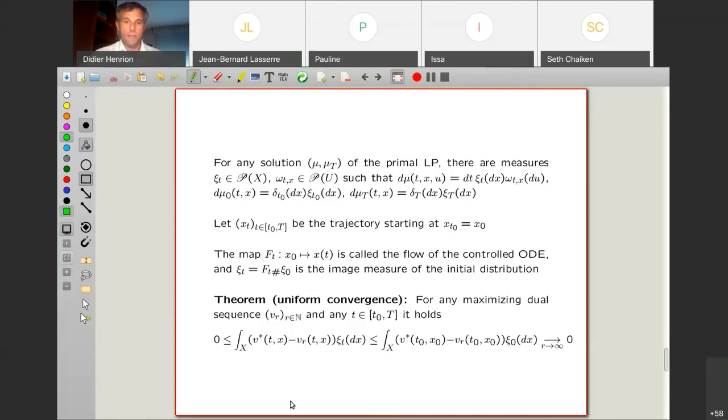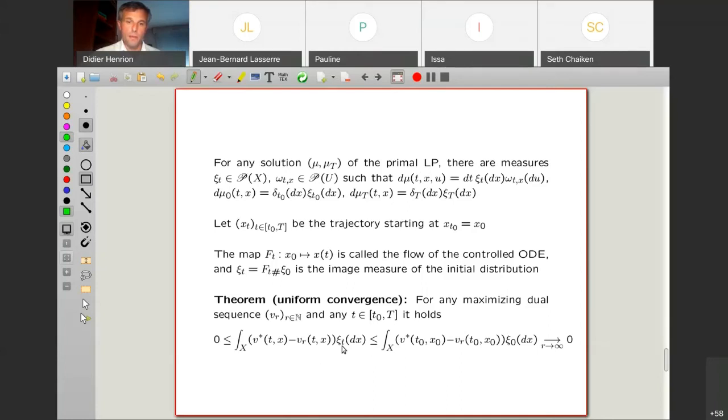What I have is that instead of having a good approximation of the value function only at a given point, we have it xi0-almost everywhere, in the following sense.